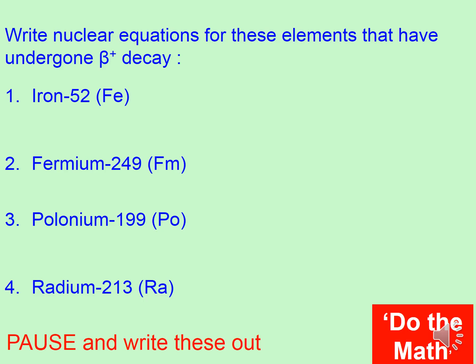Okay, so we've got those sorted out. Pause again, we're getting the hang of this and getting the way we work with these, and write down the nuclear equations for those elements that have undergone positron decay. Okay, pause the video and do the maths, write them out.